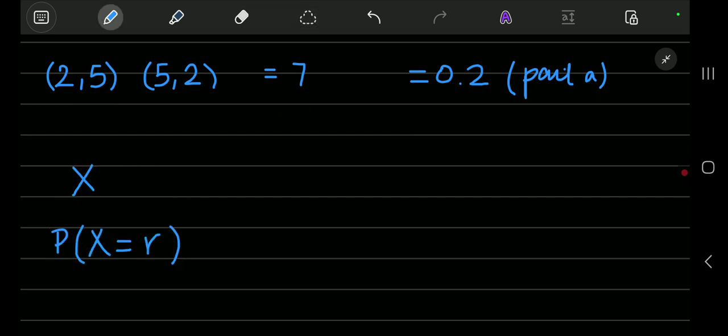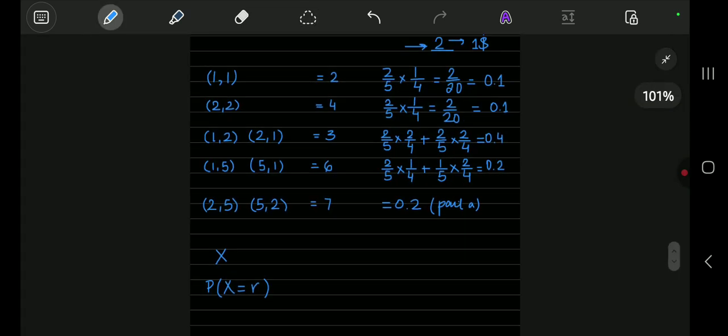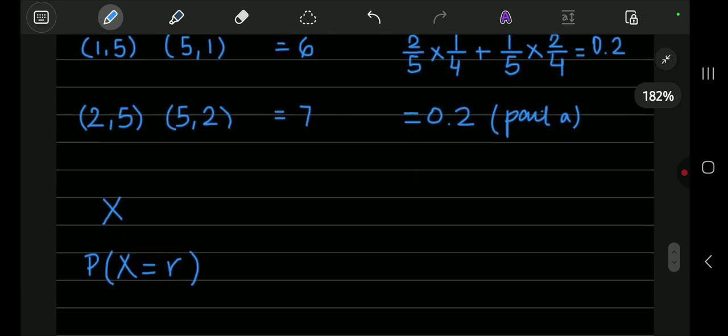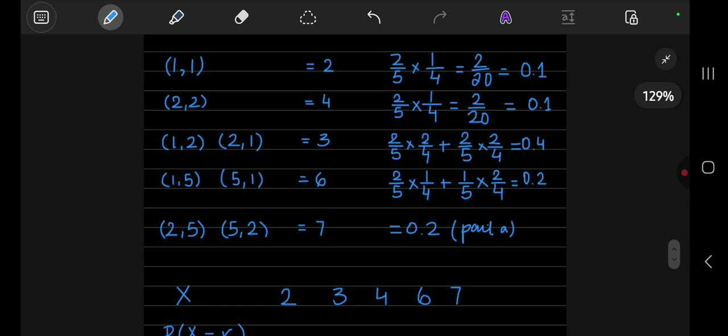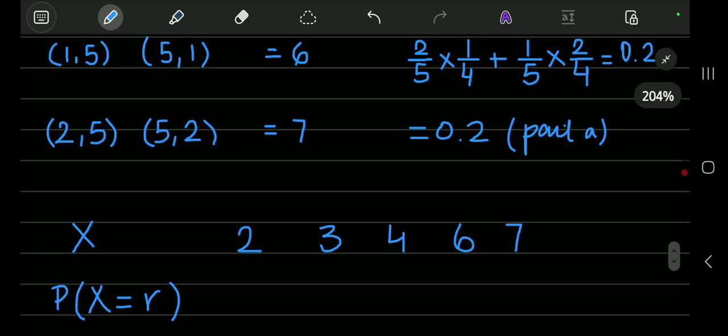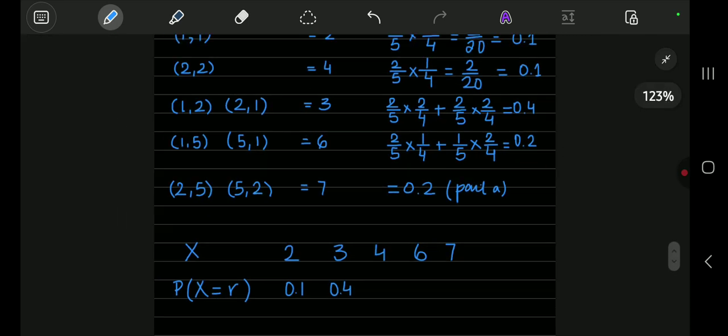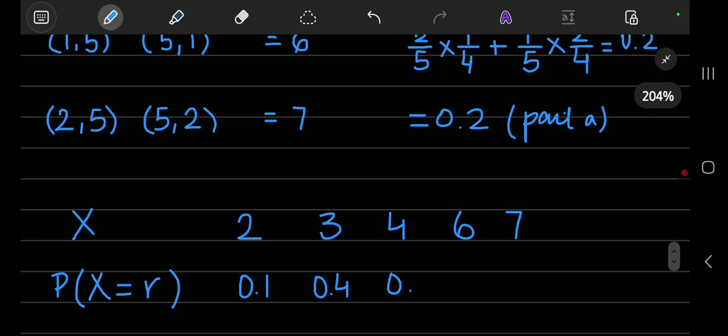The x values are 2, 3, 4, 6 and 7. Then for 2 it's 0.1, for 3 it's 0.4, for 4 it's 0.1, for 6 it's 0.2, for 7 it's 0.2.